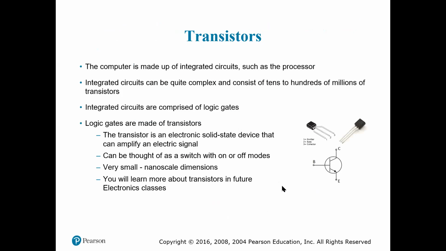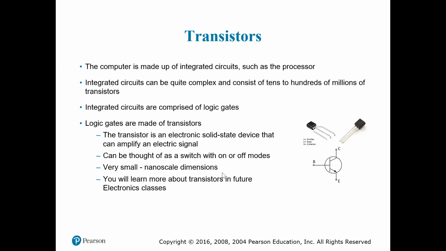Transistors. The computer is made up of integrated circuits such as the processor. I had mentioned that before, and there can be billions of transistors in a processor. Integrated circuits are comprised of logic gates, and logic gates are made of transistors. The transistor is an electronic solid-state device that can amplify an electric signal. It can be thought of as a switch with an on or off mode. Very small, nanoscale dimensions.